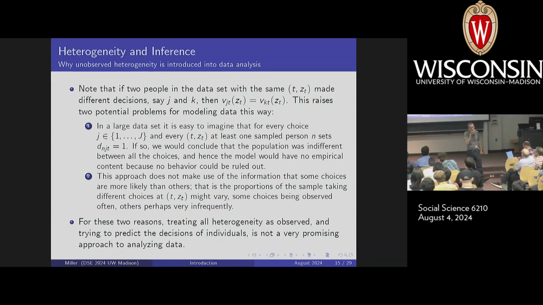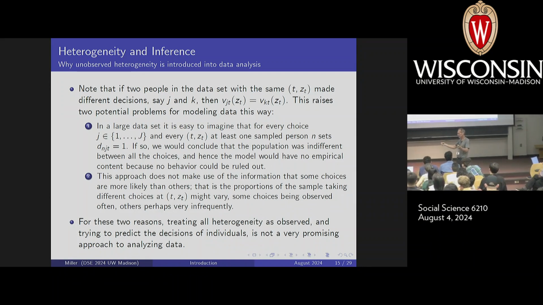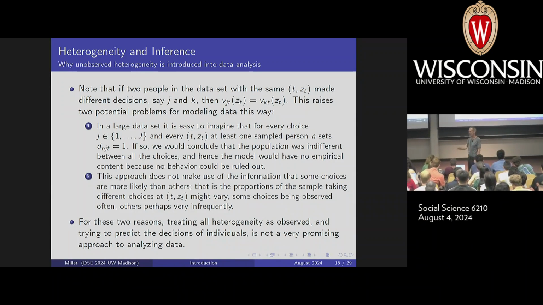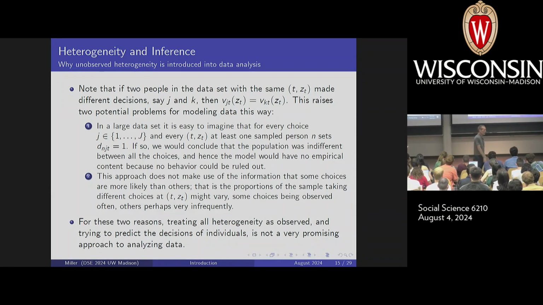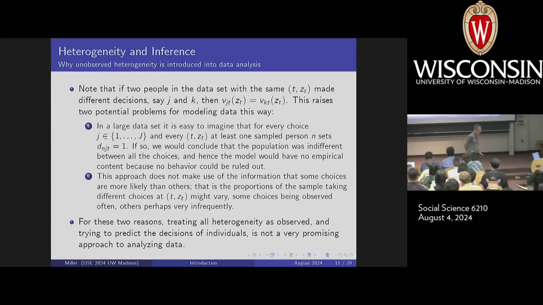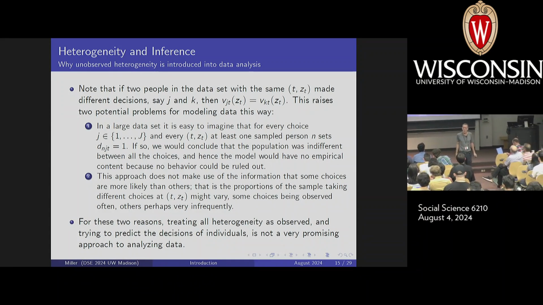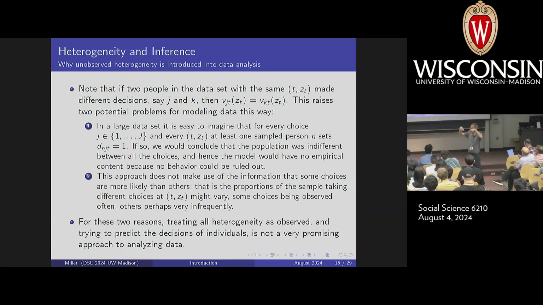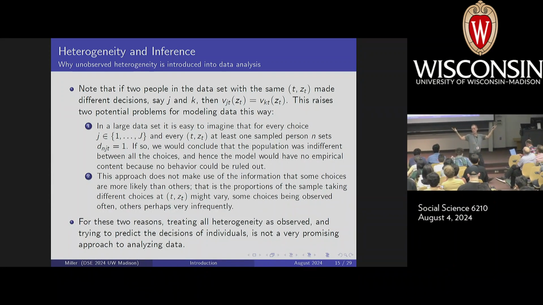Okay. So I said, got all these inequalities. Great. Maybe. Because suppose two people with exactly the same z's choose different actions. Well, what must we conclude?